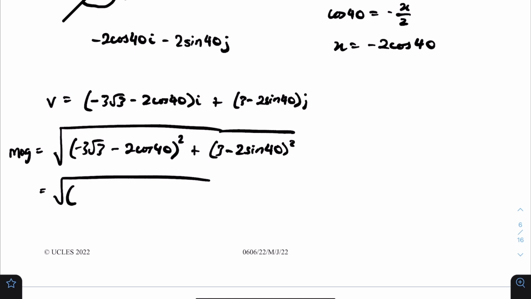I'm just converting this to radians because my calculator is in radians. Then you square that. Then you add that to 3 minus, and then 2 sine of 40, which is 0.6983132. You square that.